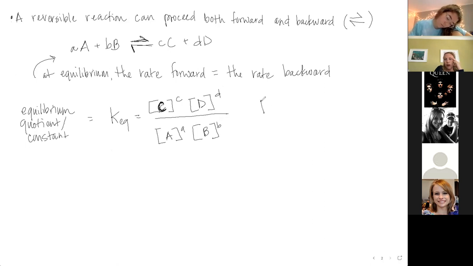So these being our products, over our reactants.